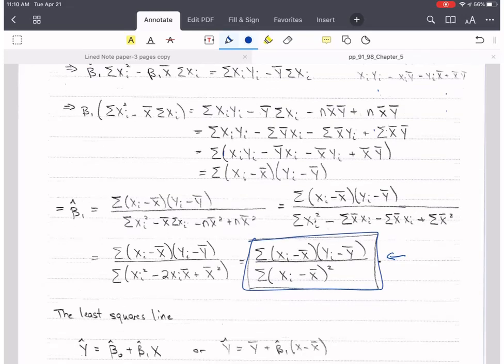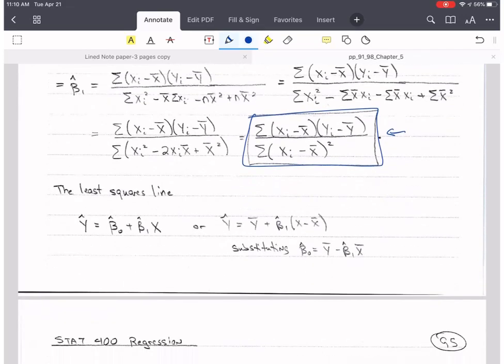Okay, so now we have the least squares line: y hat is equal to beta naught hat plus beta 1 hat times x. Or we can write it as y hat is equal to y bar plus, substituting in for beta naught hat, I can end up with an equation in this form.